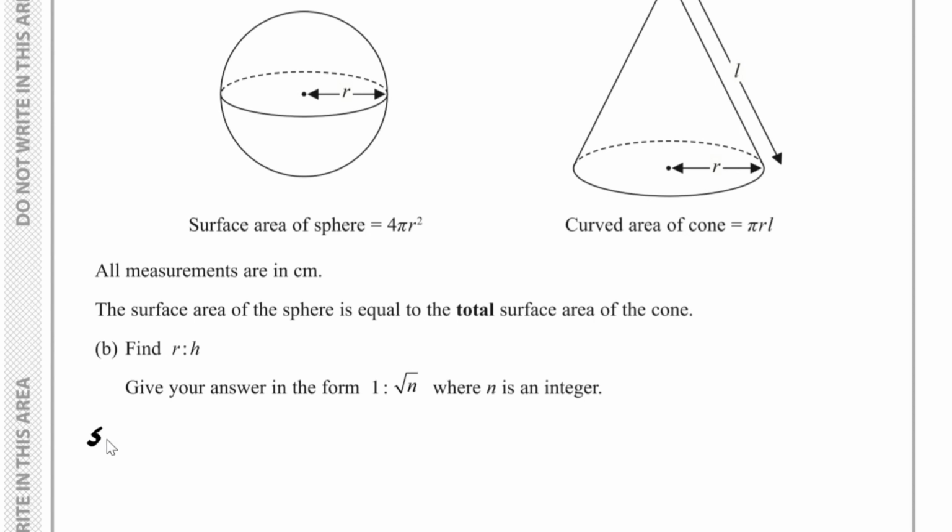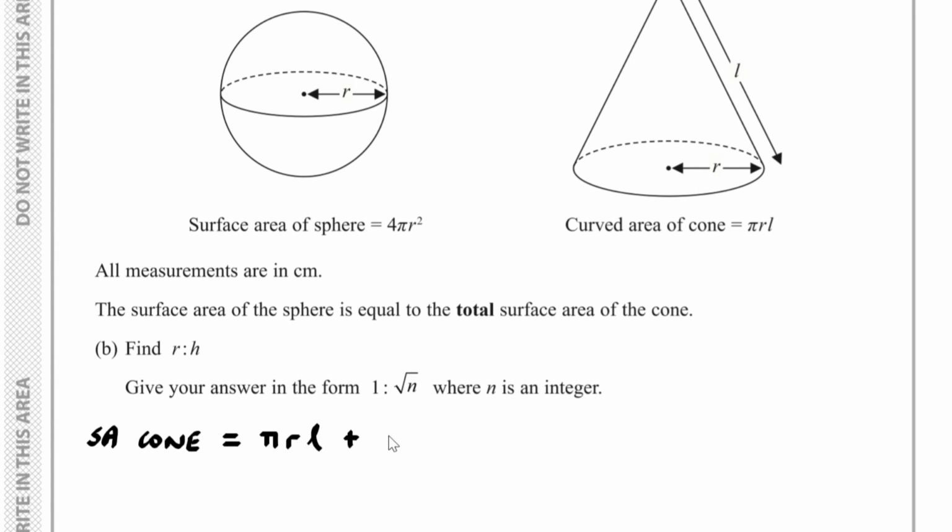The surface area of the cone, that's equal to, well, I've got the curved bit, pi rl, but then I need to add on to this the circle at the bottom.